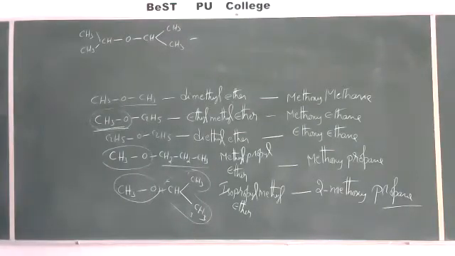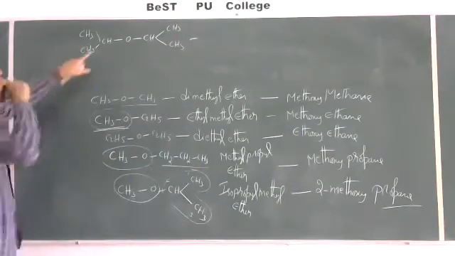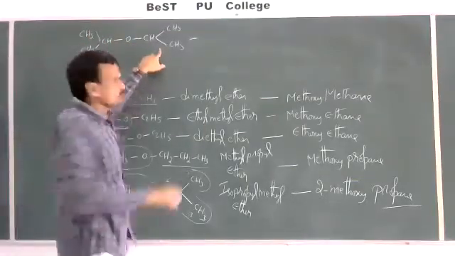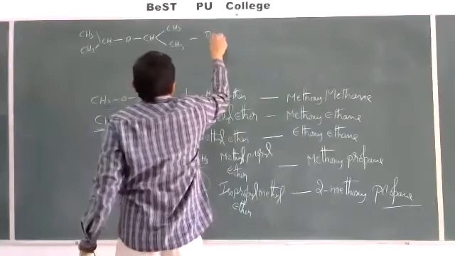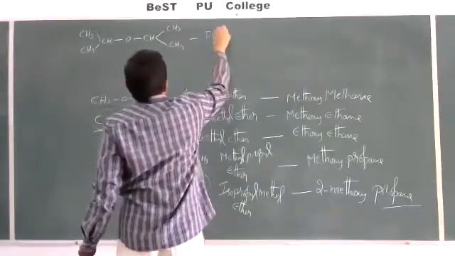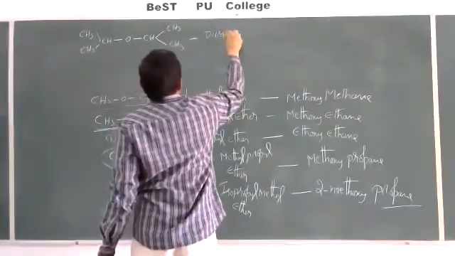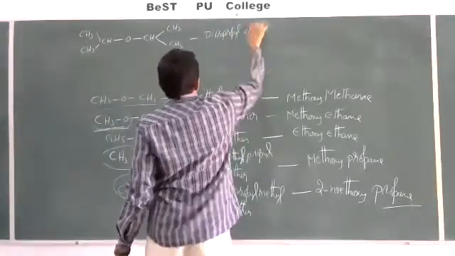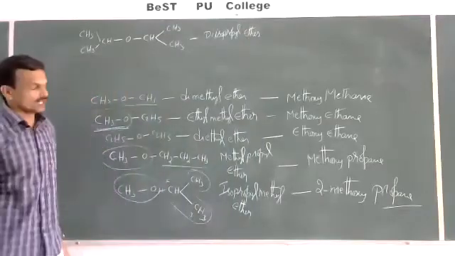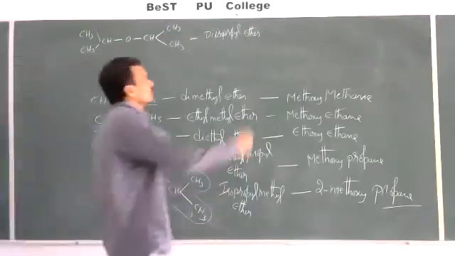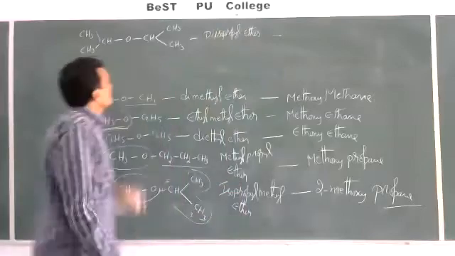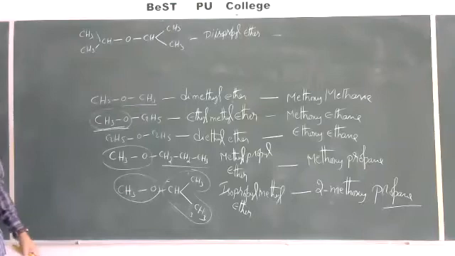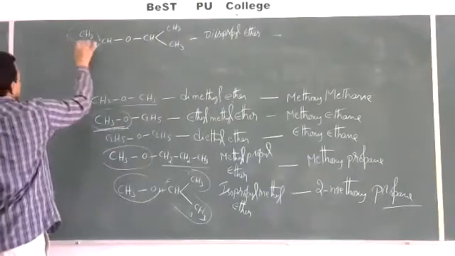Then what is the common name of this compound? This is an isopropyl group. This is also an isopropyl group. So this is named as diisopropyl ether. This is the common name. Then what is the IUPAC name? Since both are the same groups, we can represent any one of them as alkoxy.